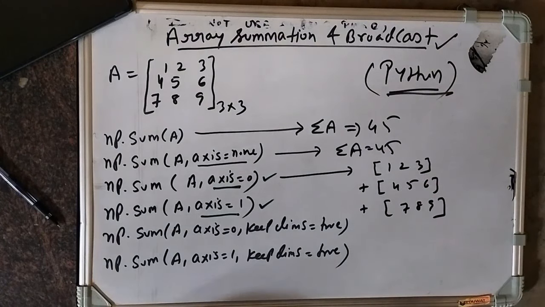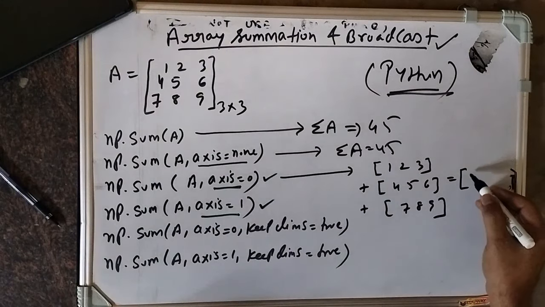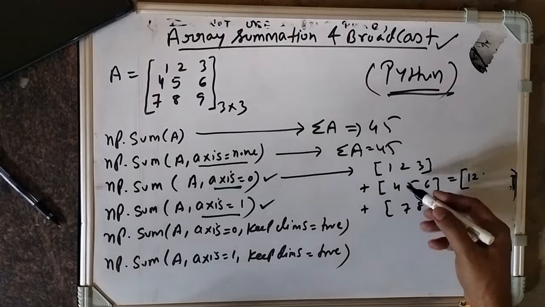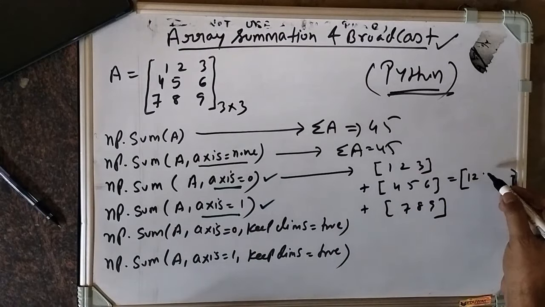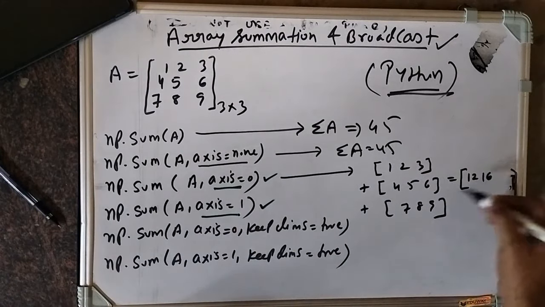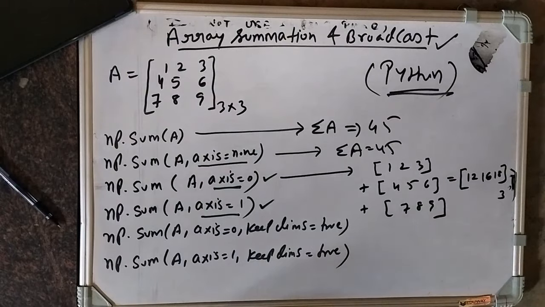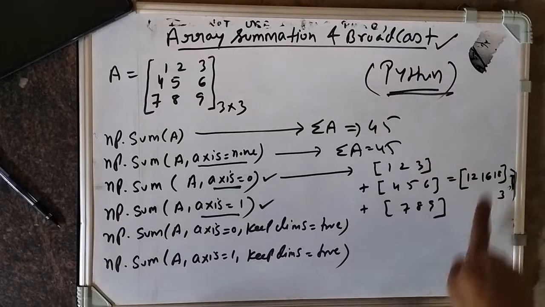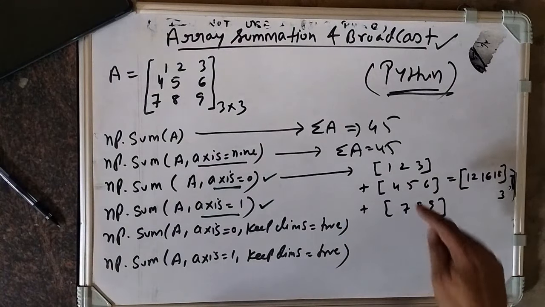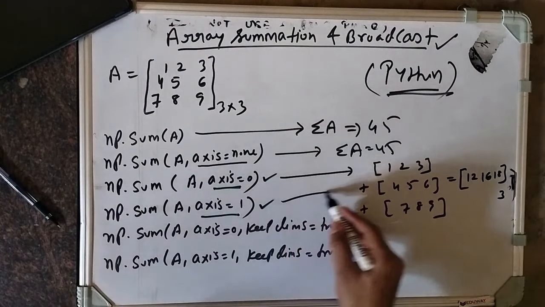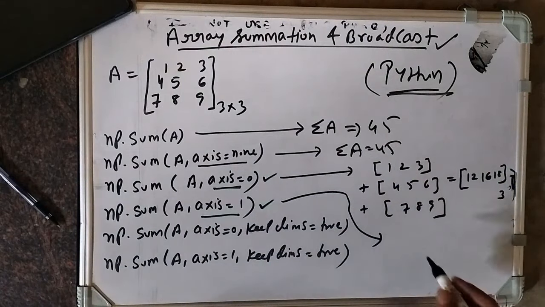You are adding everything column-wise, so at last you will get 12, 15, 18. The dimension of this is 3. So you are adding the rows.